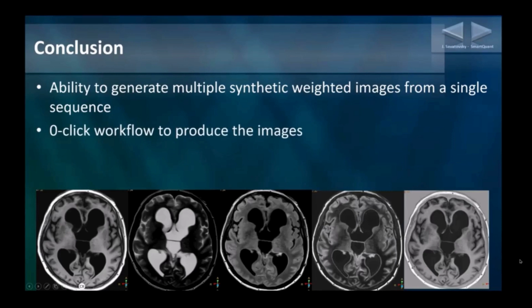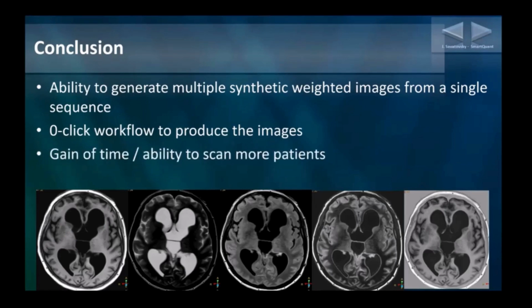It's a zero-click workflow to produce the images, for the technologist. Once you have acquired the sequence, it will go through the server and go directly to the PACS. And so when the radiologist opens the case in the PACS, he will get all the synthetic weightings and quantitative maps that he wants to have.